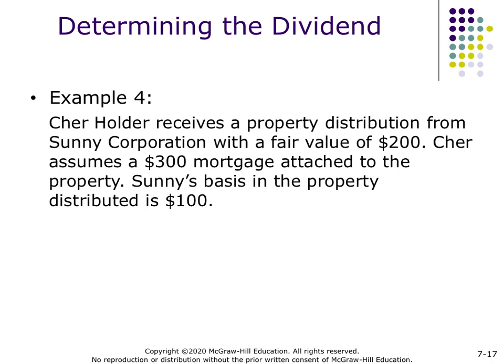All right, now let's look at a slightly different situation, but very similar, okay? So what if they receive property with a fair value of $200 and Share assumes a $300 mortgage attached to the property and Sunny's basis in the property is $100, okay? So now, how much is the gain?